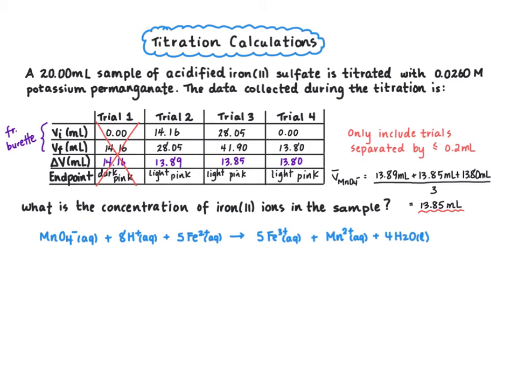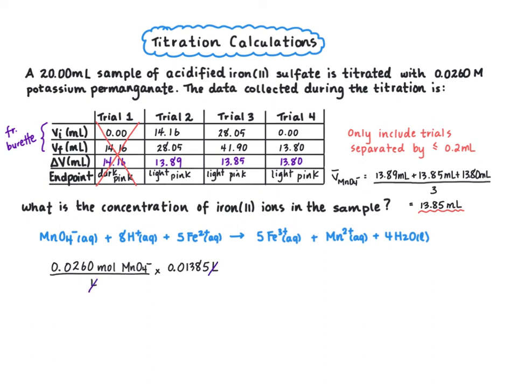So I'm going to start by multiplying the concentration of permanganate, which is 0.026 moles of permanganate per liter. And I'm going to multiply that by the volume of permanganate that was added, which in this case is 13.85 milliliters. Now I'm going to write that as liters just so that I can show the unit cancellation. So our liters here will cancel.